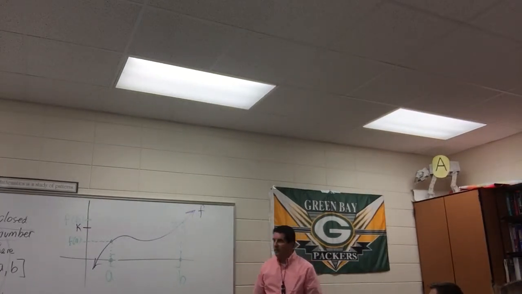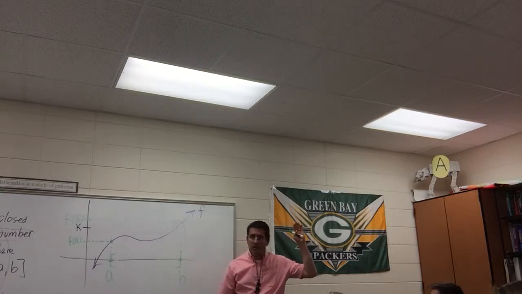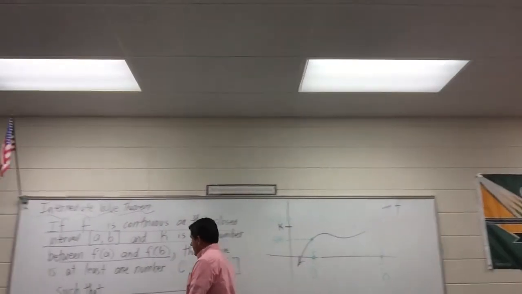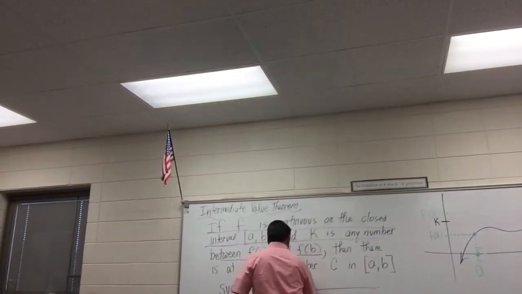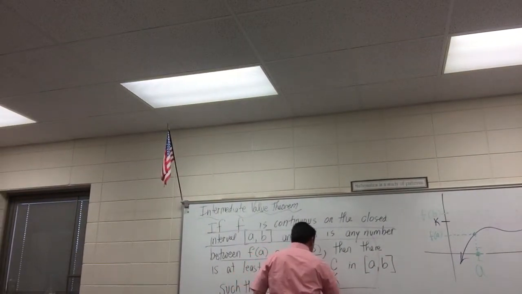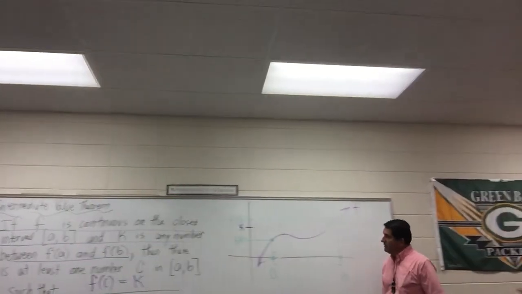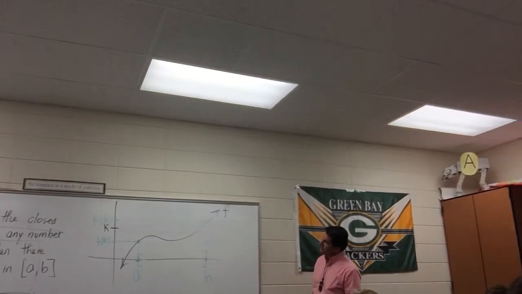F of c equals k is correct. Anybody else be thinking that? Okay, phew. So the correct answer here is that f of c equals k. Looks like you got to be careful writing that one out.